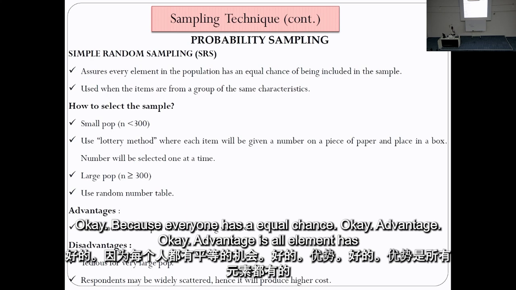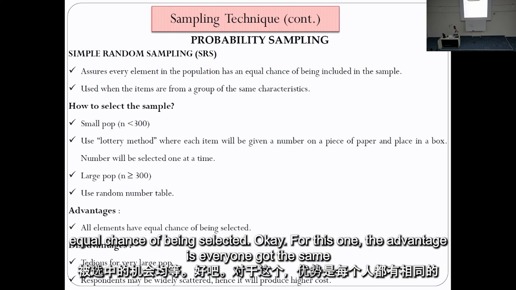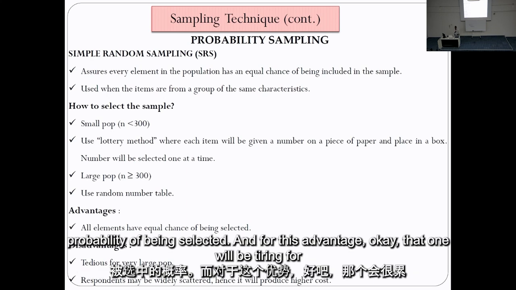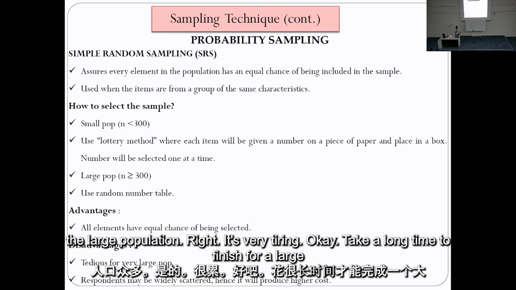The advantage is that all elements have an equal chance of being selected; everyone has the same probability of being selected. The disadvantage is that it is tiring for a large population and takes a long time to finish.